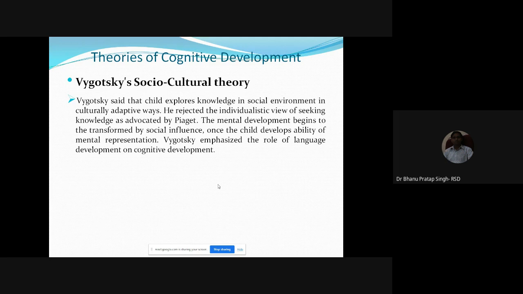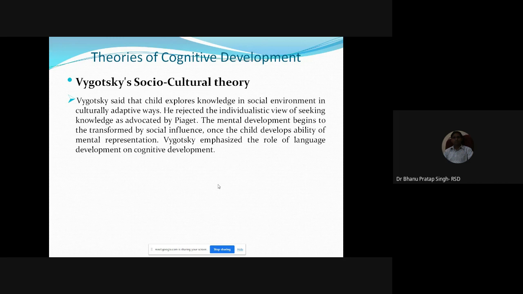Mental development begins to be transferred by social influence once the child develops the ability of mental representation. So Vygotsky emphasized the role of language development on cognitive development.